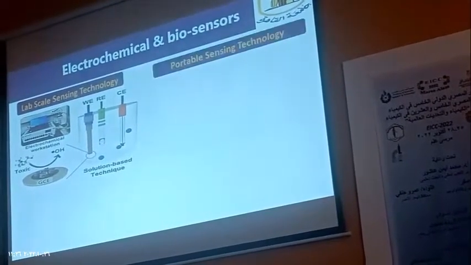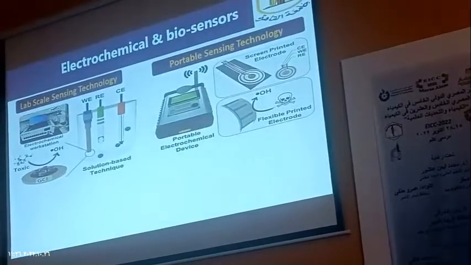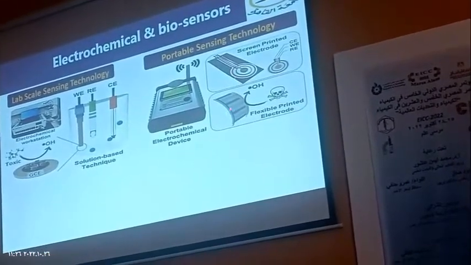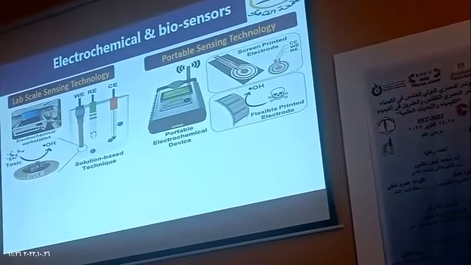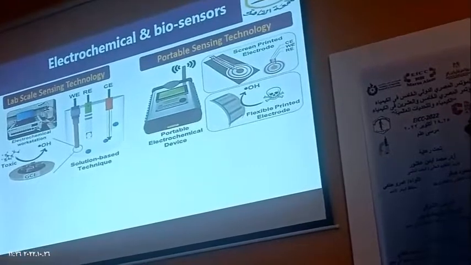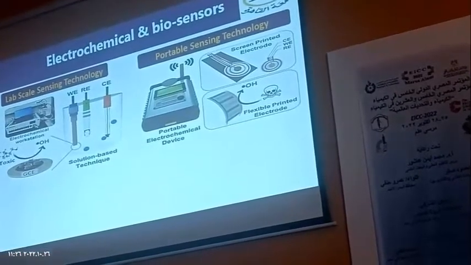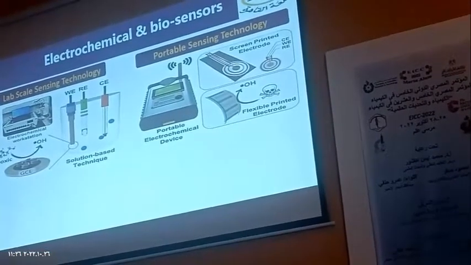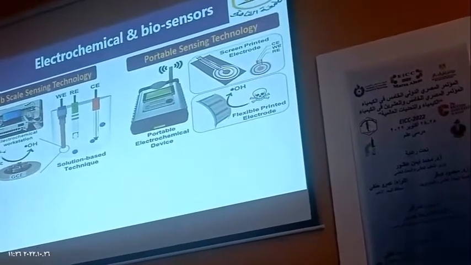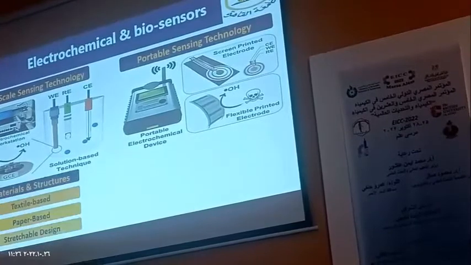But right now, people are going to miniaturization, so we use a portable electrochemical device, and we tend to have screen-printed or even patch sensors that you can just put on the patient, and you can track all the time the variations in the levels of metals, or even, as you will see later on, the biomarkers or stress variables.